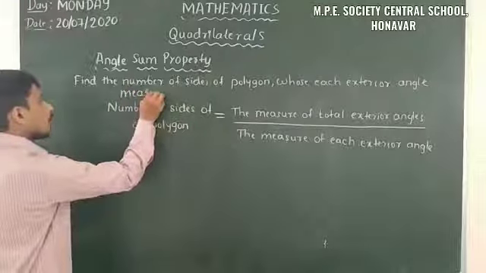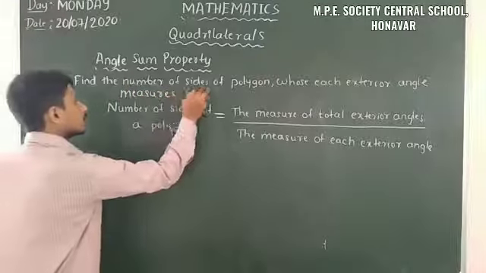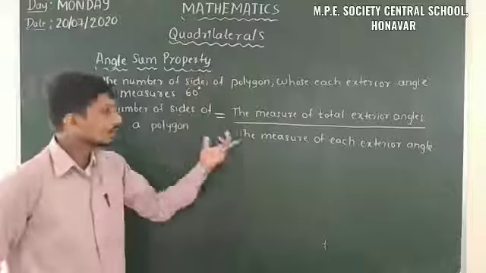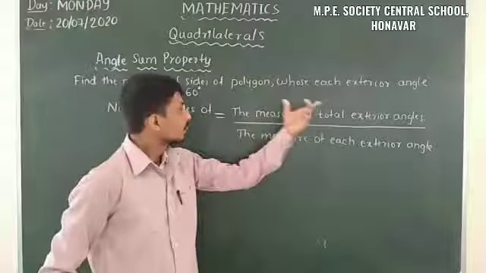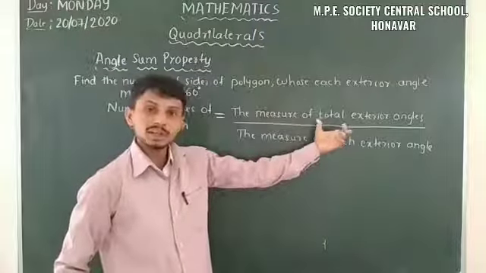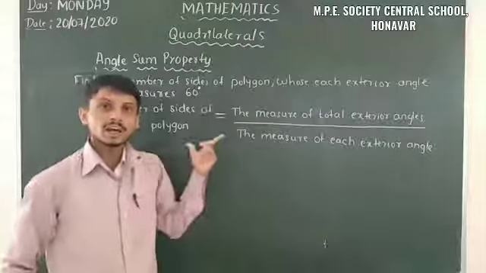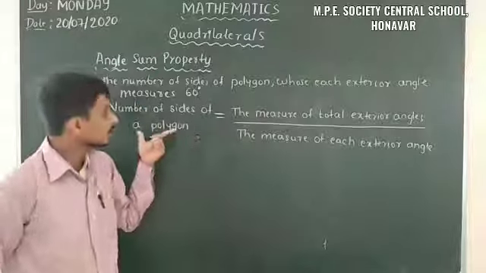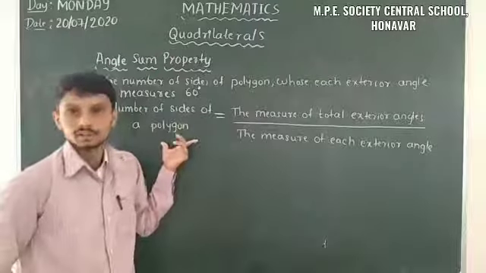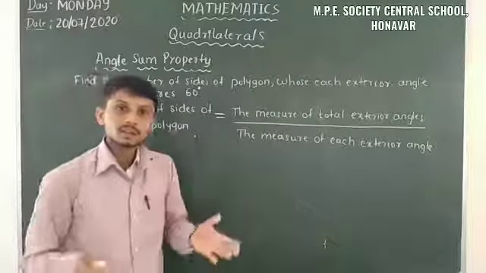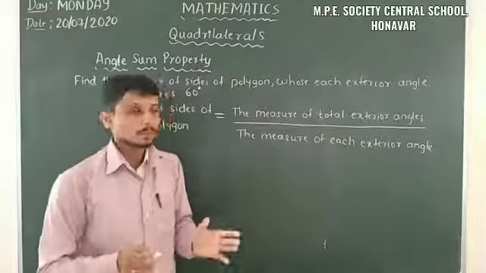We know the measure of each exterior angle, and the measure of total exterior angle is 360 degree. From the help of these given terms, we have to calculate the number of sides of the polygon here, and also construct the shape of the polygon.